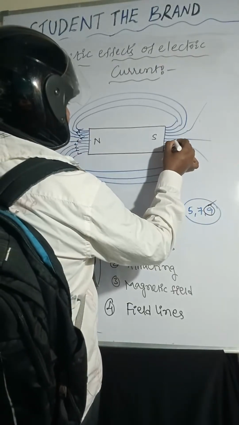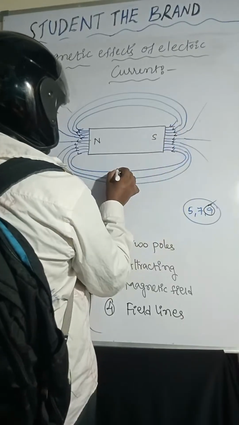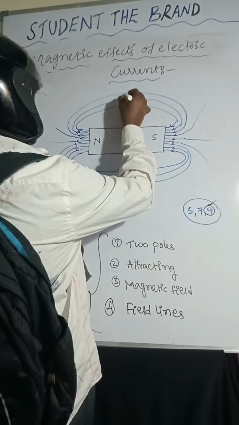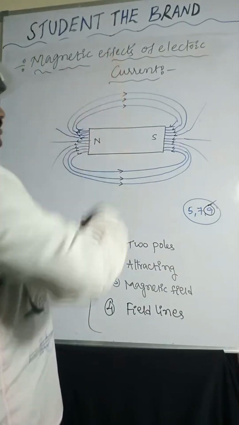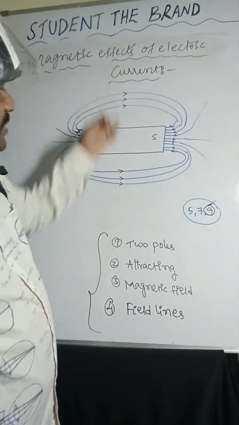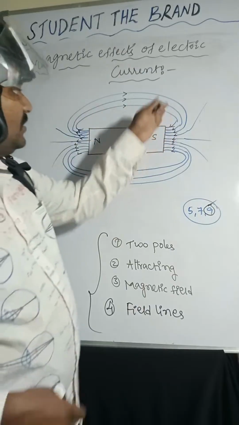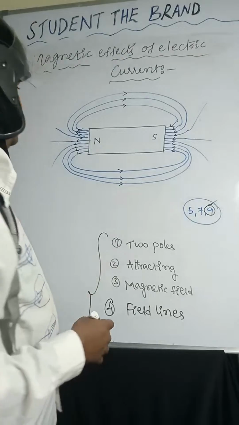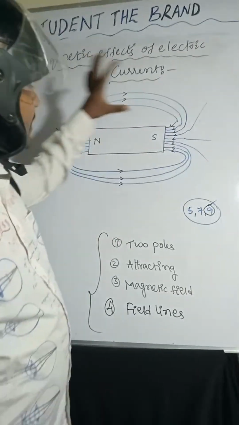Here it is merging like this, and here emerging out. You have to take the direction exactly on the line, so all the directions you have to draw on the single line. Then it looks like a very good diagram. So magnetic field lines emerge out from north and merge at south pole.